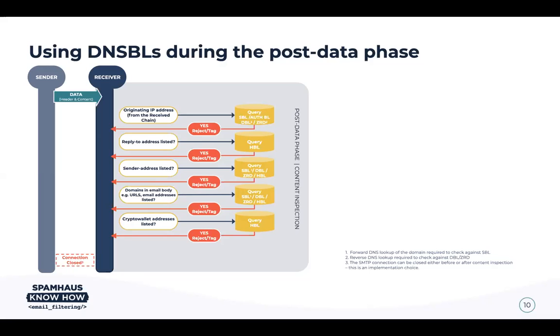It should be pretty clear that that Bitcoin address is being controlled by the people running this scam. So extracting that crypto wallet address, normalizing it again, hashing it, and checking it against the proper component of the HBL is going to provide you yet another hook in order to protect you and your users from this type of messages.